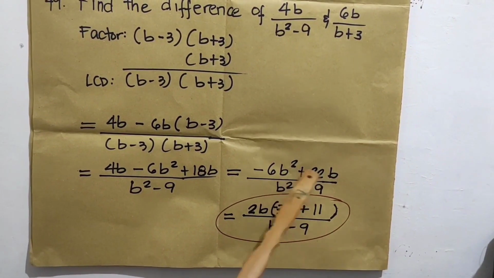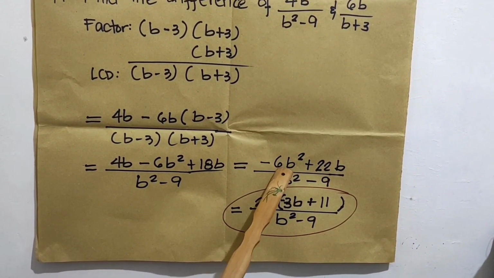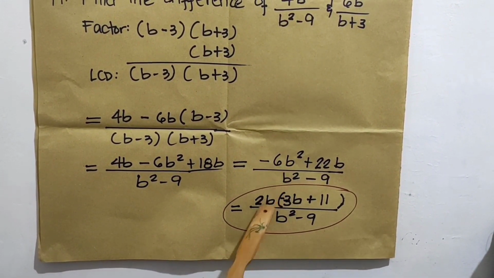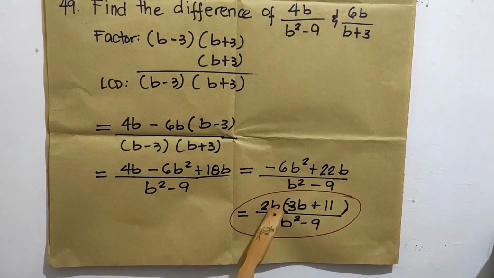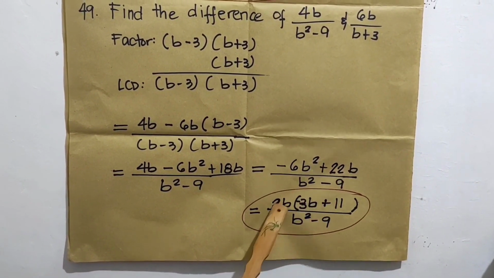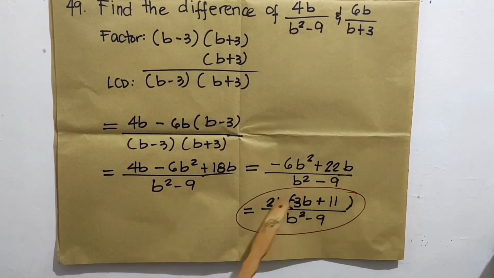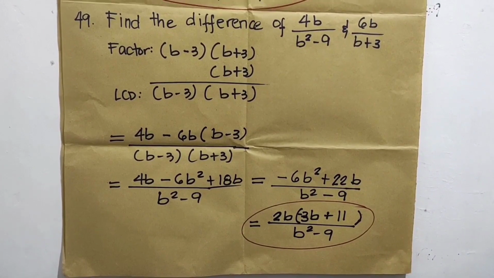Then since we can factor this, it is common by 2, so we are going to divide now. 6 divided by 2 equals 3, and b squared divided by b equals b, and 22 divided by 2 equals 11, and b is no more. So this will now be our final answer, just copy the denominator.